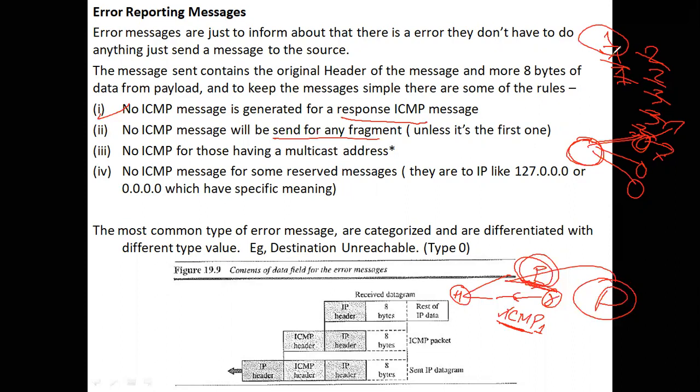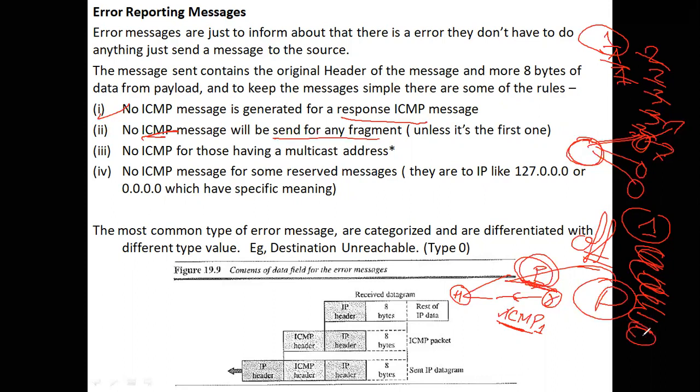But if the very first message is somehow broken, then at this point I have to send an ICMP message. The reason is, if the first packet reaches the destination, any other packet that is missing will definitely trigger an ICMP, because the offset value will tell me that the packet is missing.